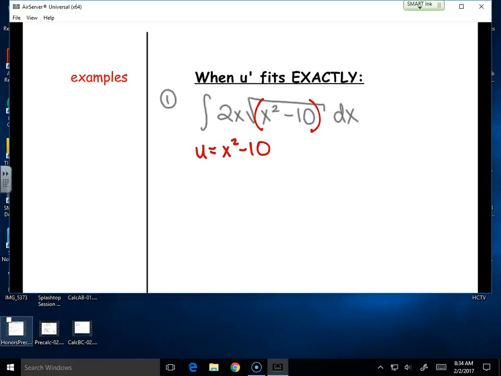well, that's going to help us somewhat, but we still have that dx. Oh, derivative. Okay, let's go find u prime. U prime, du is equal to what? What's the derivative of x squared minus 10? 2x dx. So we're thinking u prime, but remember we're writing it du equals u prime times dx.